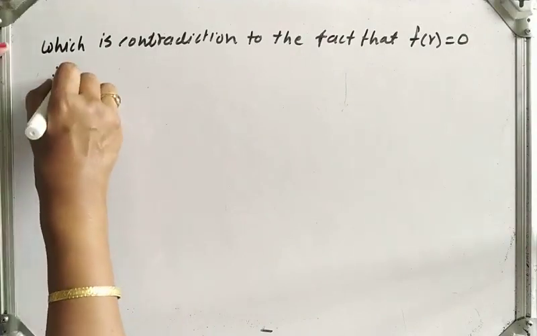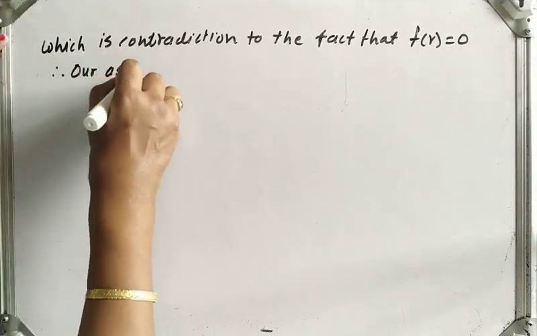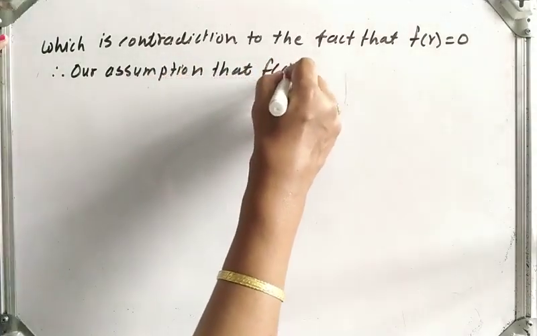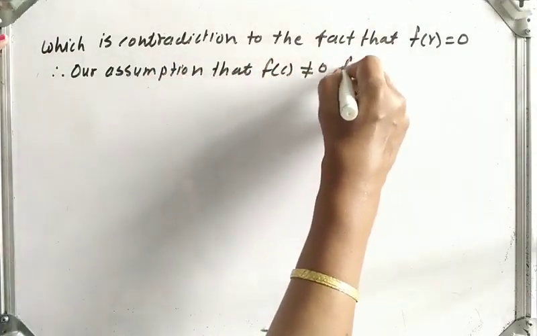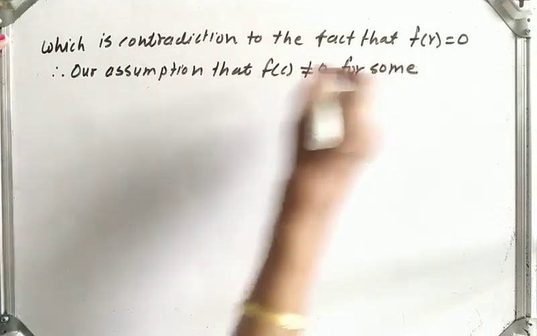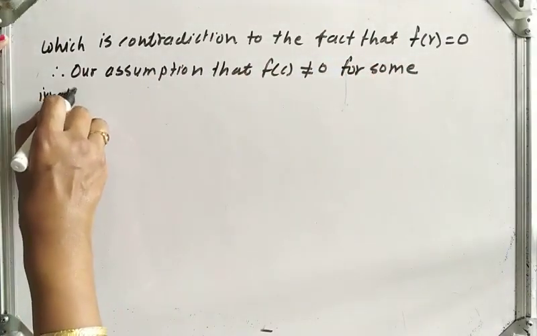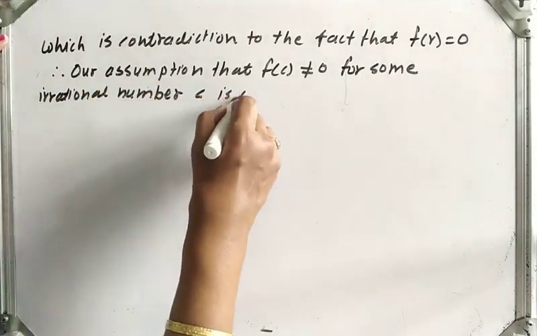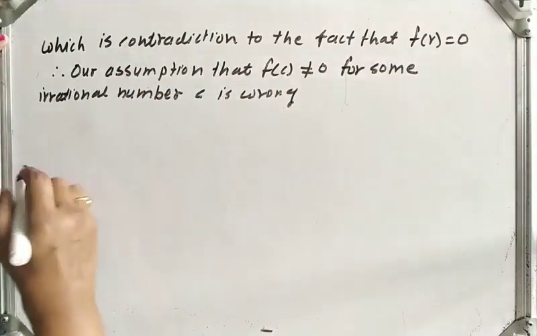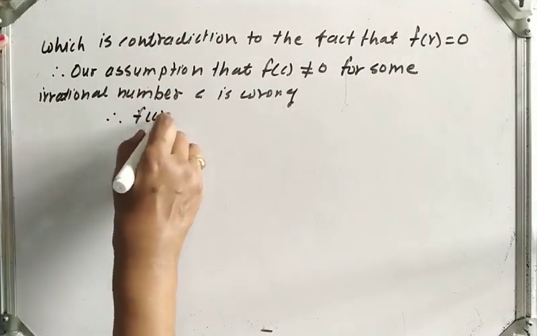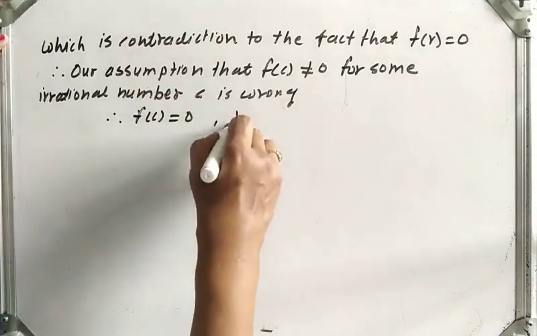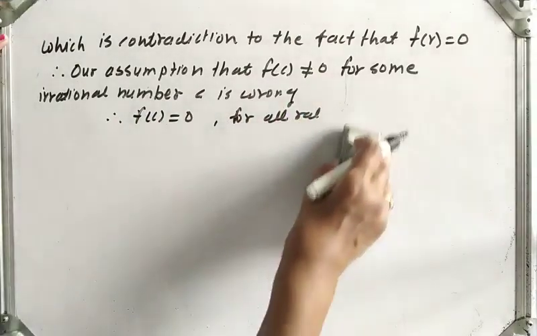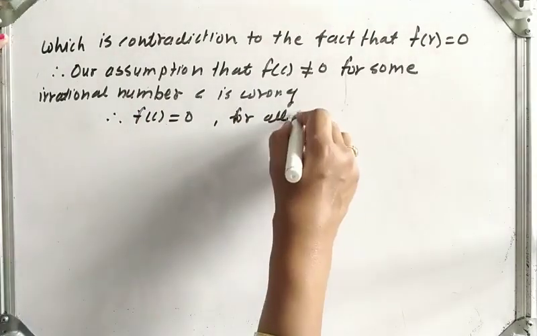Therefore, our assumption that f of c is not equal to 0 for some irrational number c is wrong. Therefore, f of c must be 0 for all irrational numbers.